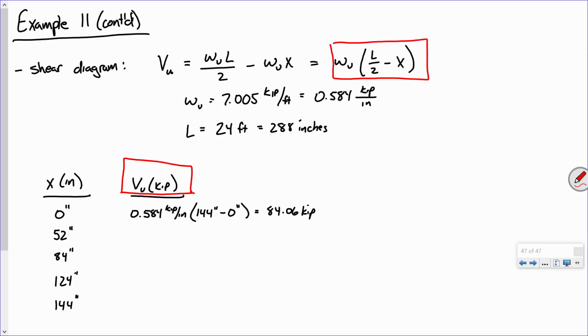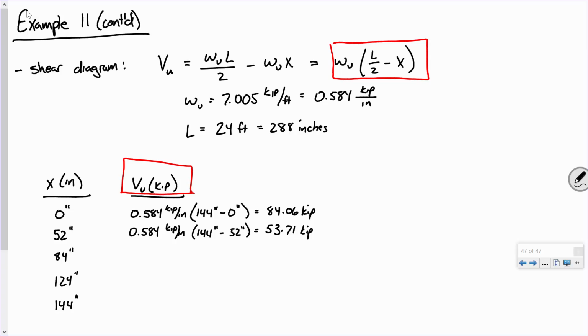So look, W_u times (L over 2 minus X). See that? So the next one would be 0.584 times (144 minus 52). That comes out to be 53.71. Do you all see how I'm doing that? It's an equation I'm plugging and chugging.